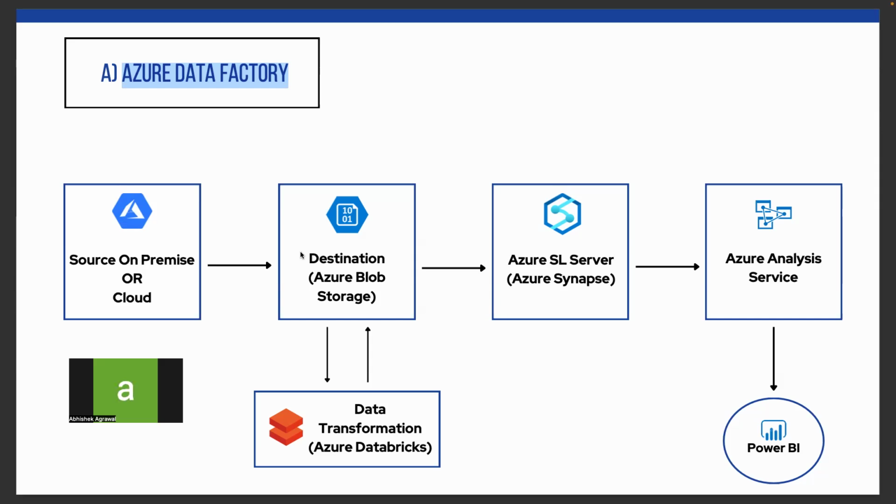The second reason is that in blob storage you can store any kind of data, then transform using Databricks, write it back, and move to Synapse. And if you're using an actual Synapse server, you can do some Spark processing in Synapse as well. So these are the two main reasons why you're using this layer here.